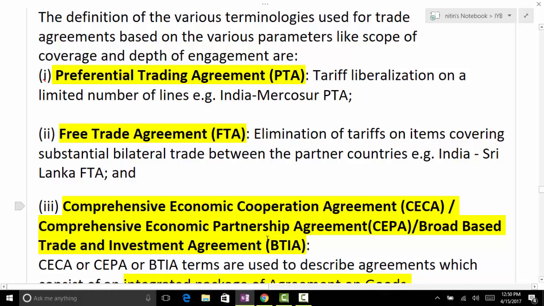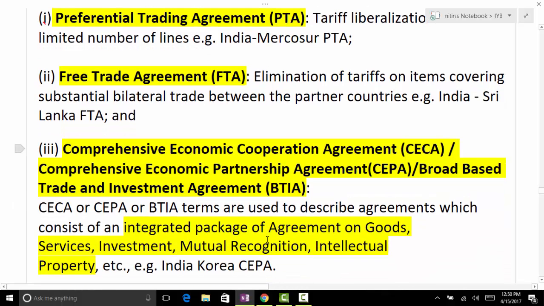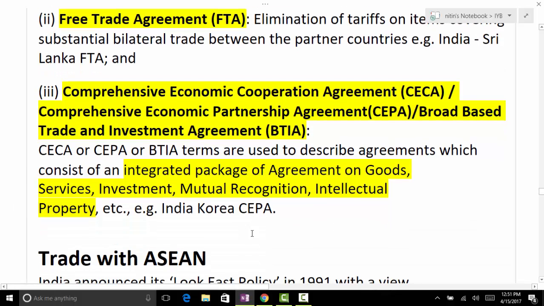Then you have the next level, CECA, CEPA. Comprehensive Economic Cooperation Agreement, Comprehensive Economic Partnership Agreement. First one is cooperation, another one is partnership. So CECA, next level, CEPA. What they talk about is not limited to only free trade.